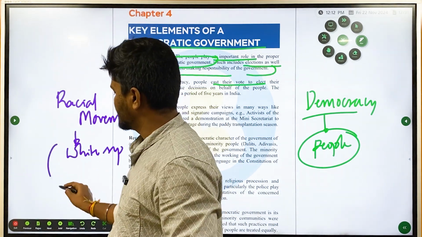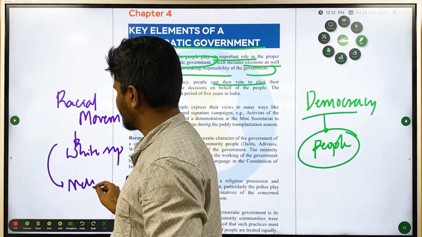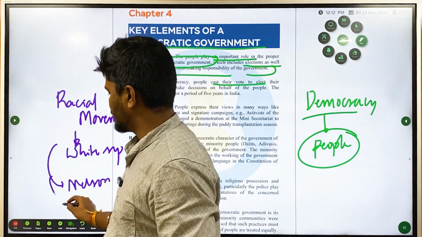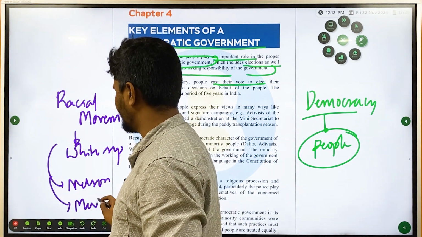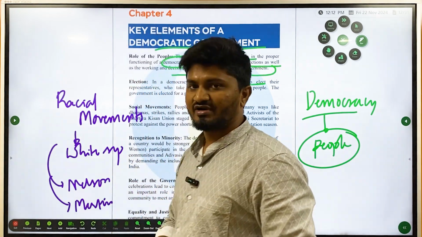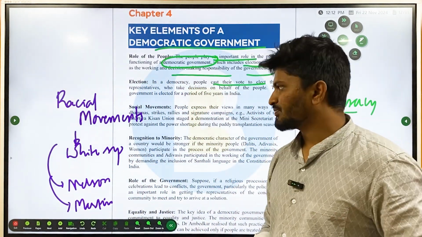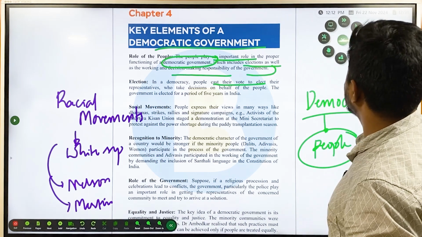The best example here is Nelson Mandela's fight against apartheid, or you can also talk about Martin Luther King Jr.'s fight for civil rights in the USA. These are racial movements.